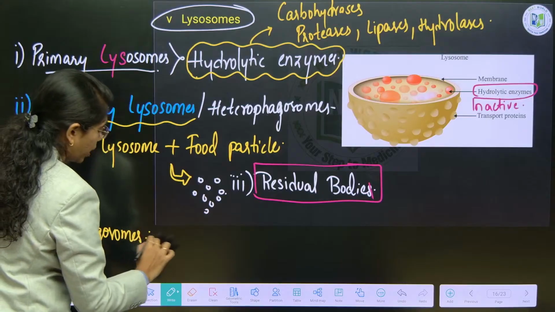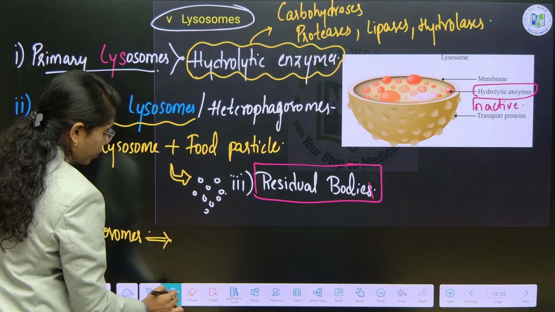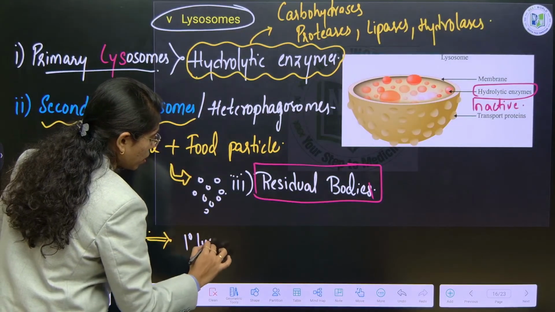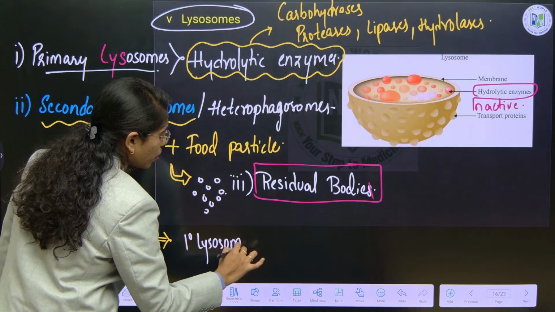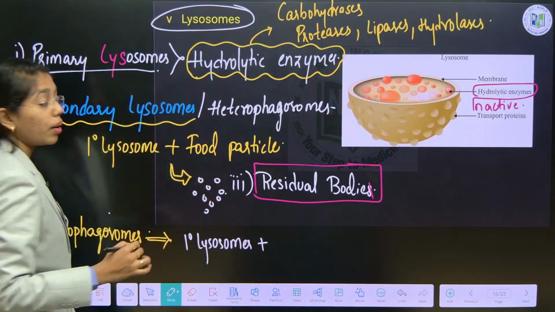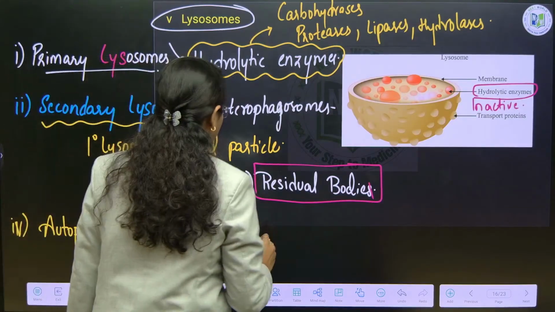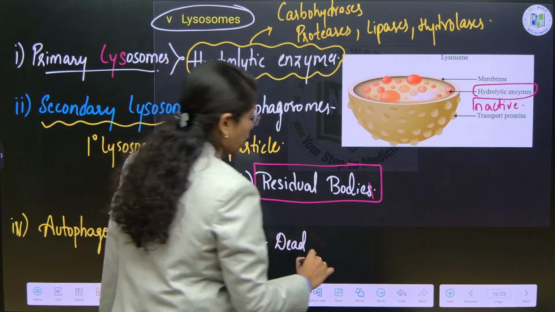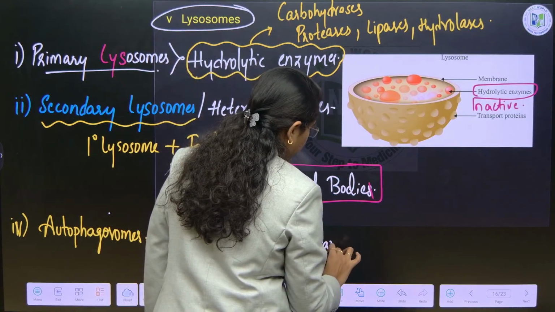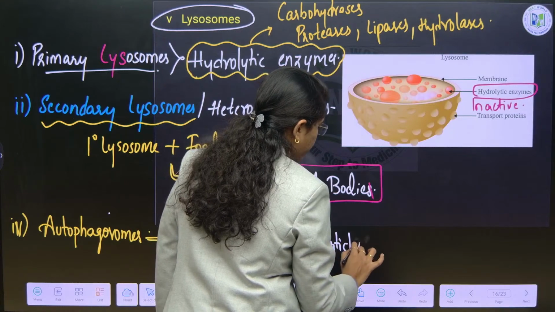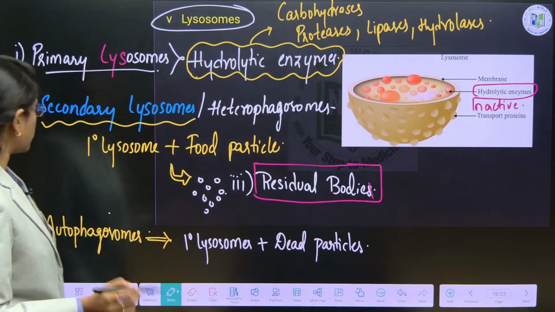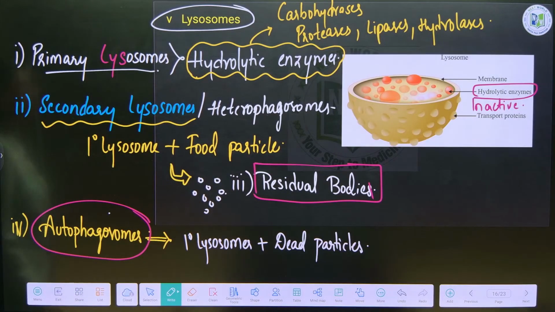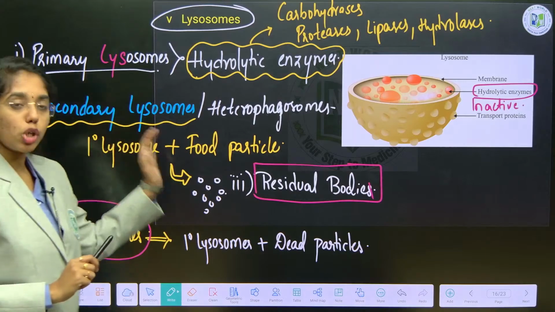Autophagosomes are nothing but primary lysosomes along with dead particles that are present inside the cell. Dead particles that are present inside the cell are known as what? Autophagosomes. Clear, right? So, we have 4 types of lysosomes.